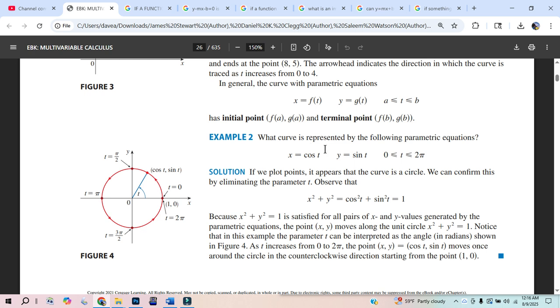At time t equals, and this is going to be in radians, it's kind of interesting, because we represent cosine as an angle, but it's fascinating to actually represent this as a value of time.